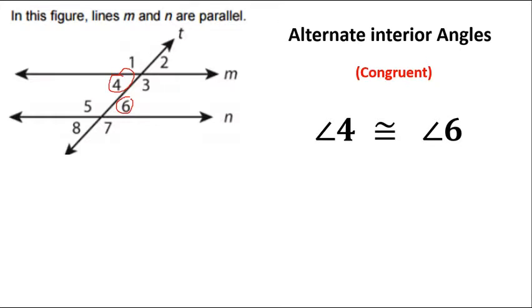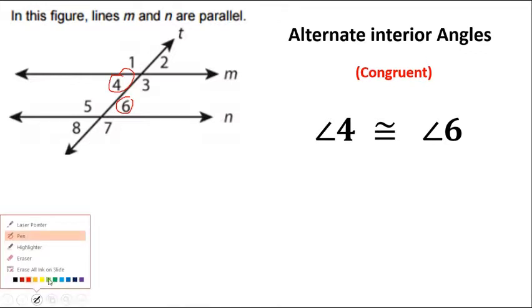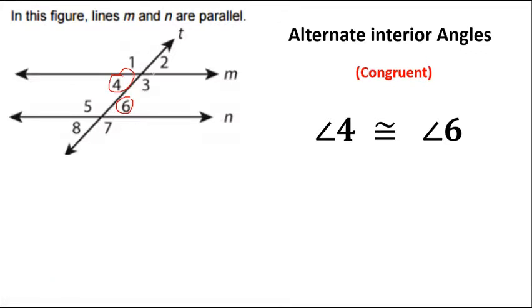So that's a pair of alternate interior angles. And then the other pair, again inside in the interior, is angle 3 congruent to angle 5. So those are the 2 pairs of alternate interior angles.